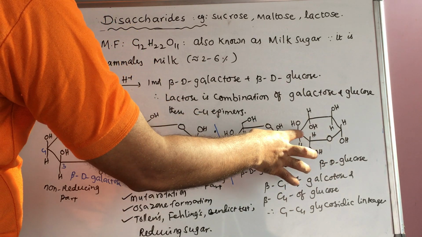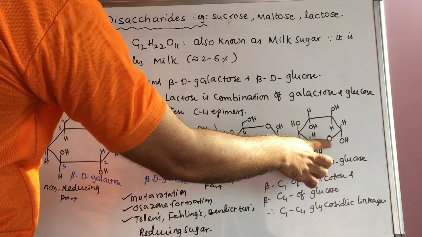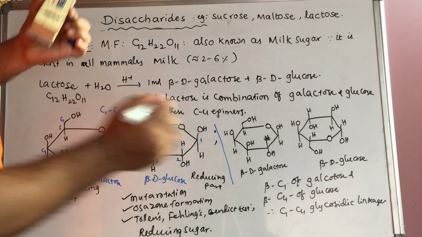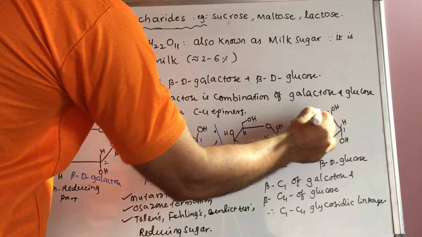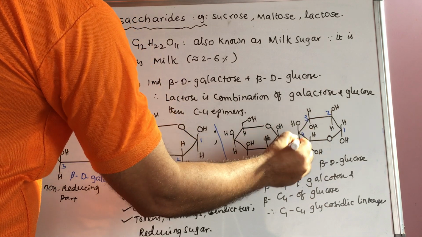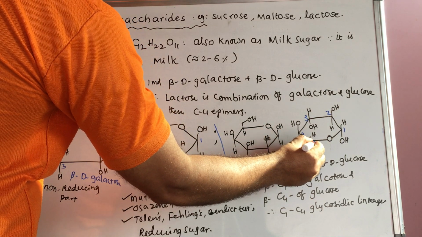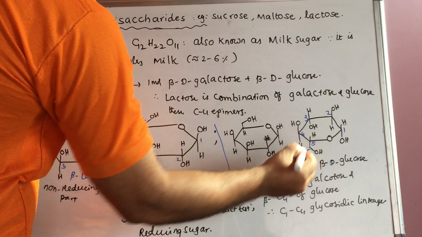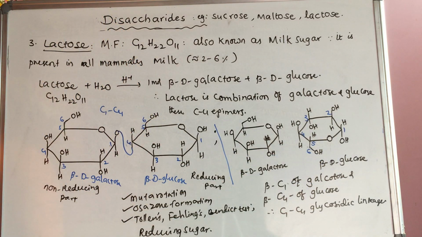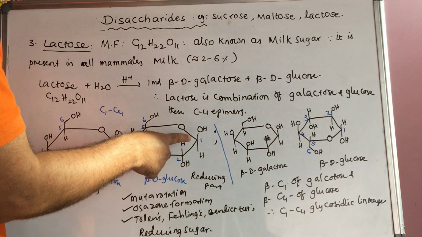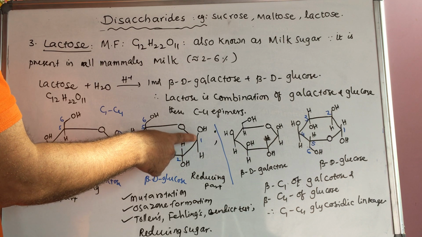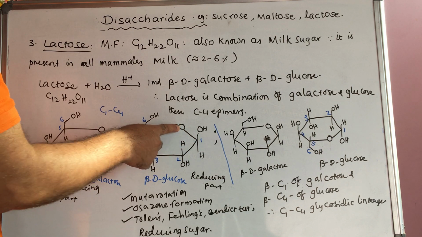Now observe here, looking the same, but here the cyclic oxygen is down. This is C1, this is C2, C3, C4, C5, this is C6. Now, how to write this? At C1 carbon, OH is towards the oxygen.